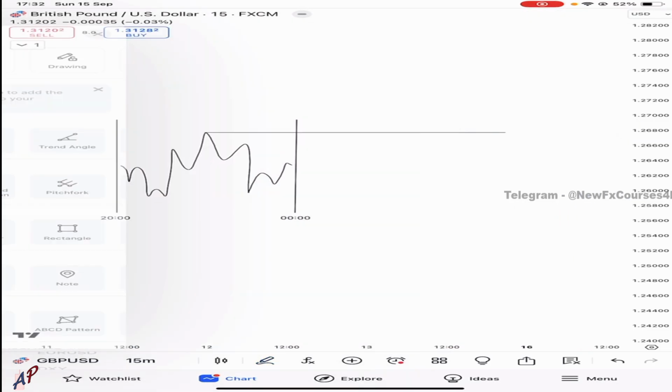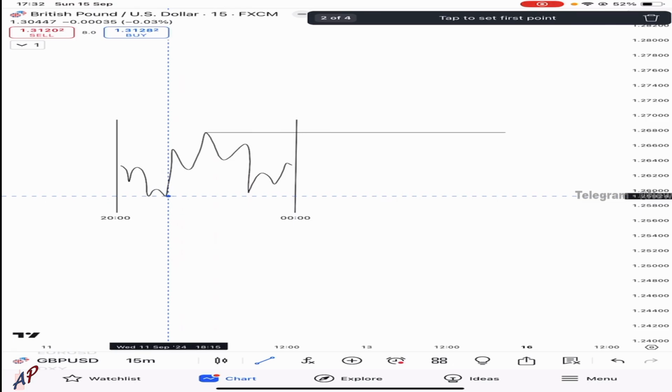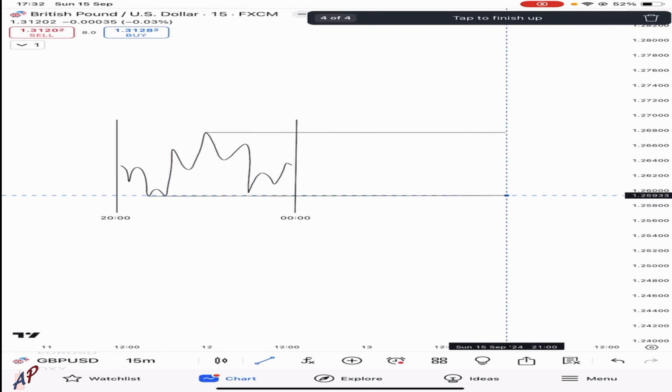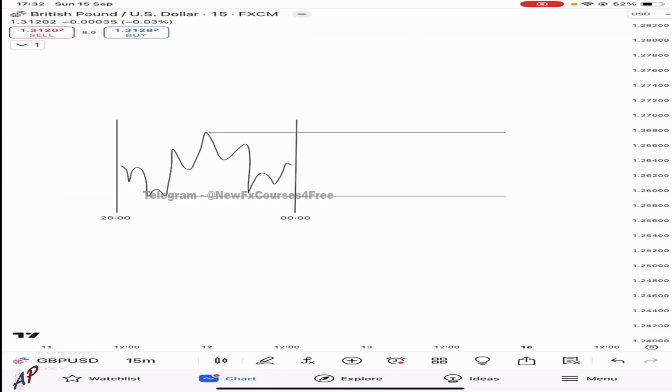Is it a pattern? No, because now there is the Asian range pattern. If you can find it online, it's not an ICT concept, it's a historically known pattern. So one side to the other side.